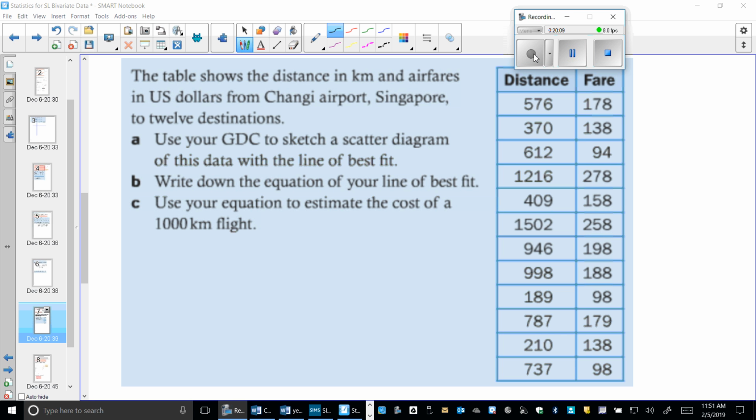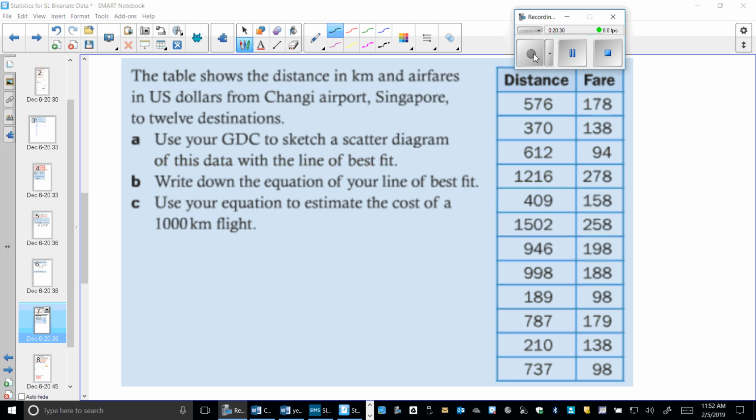Everyone else got the same. Maybe you got something slightly different. And remember, it's an equation, so it would be y equals. Do we get the idea? Once your data's in there, that's all you have to do.